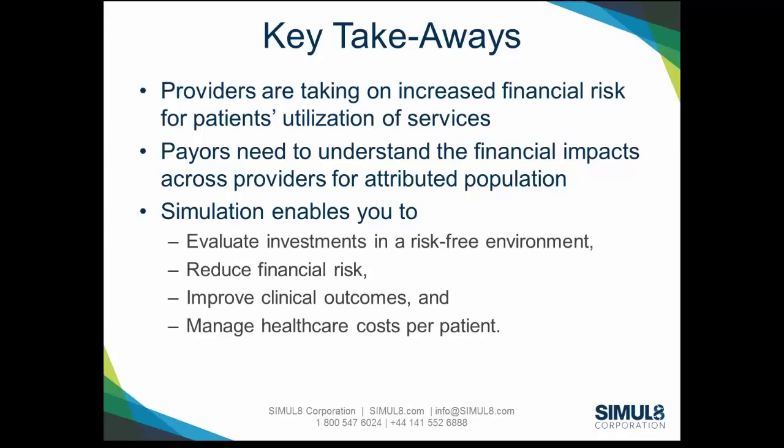A whirlwind tour of a couple of really interesting case studies. So I guess what I want to do is take a moment and reflect on what you've just said. I think the important part for us is looking at the change in care models and rethinking where we allocate capacity in our healthcare delivery networks, the balance of inpatient versus outpatient and things of that sort. And a lot of that is being driven by the fact that a lot of providers, a lot of networks, are starting to take on increased financial risk.